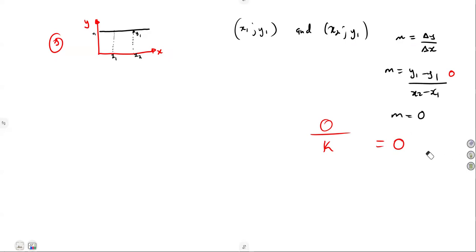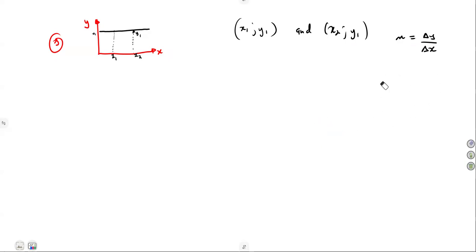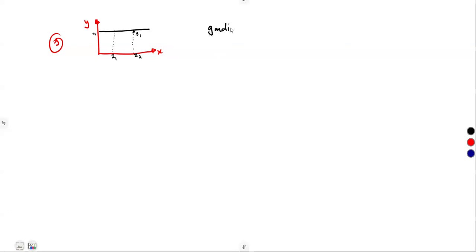That concept of the gradient, remember, is the one that we are interpreting. So in this case, our gradient is equal to 0 for all what? Horizontal lines, for all horizontal lines. All right, so please take this into consideration.